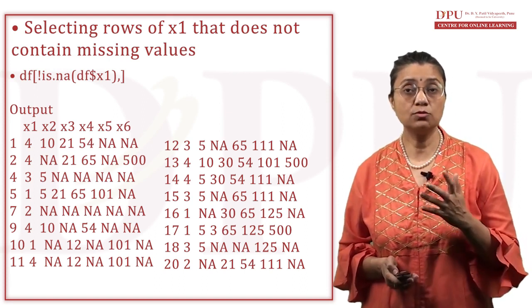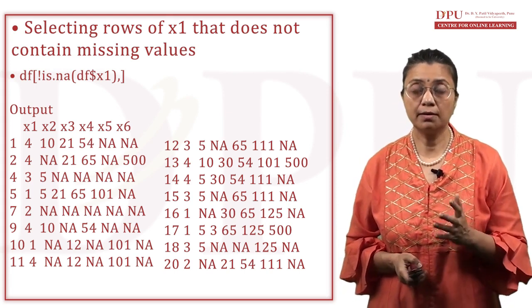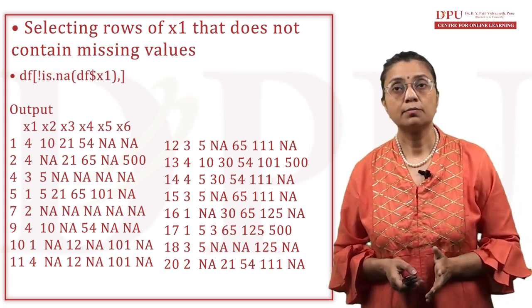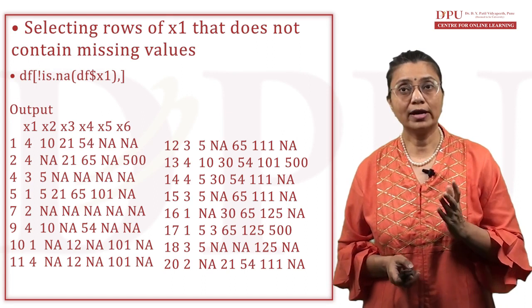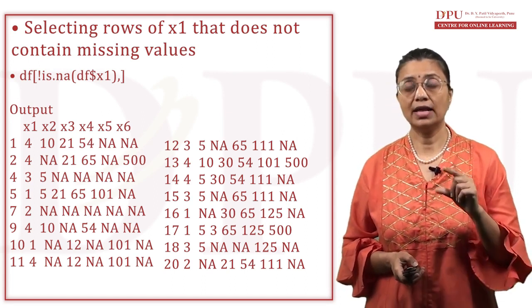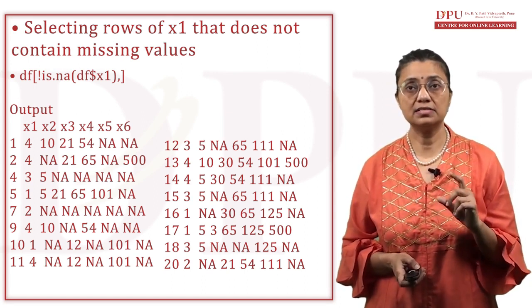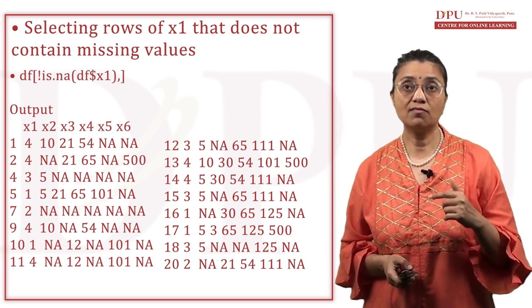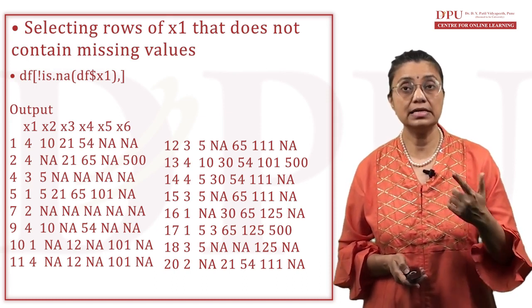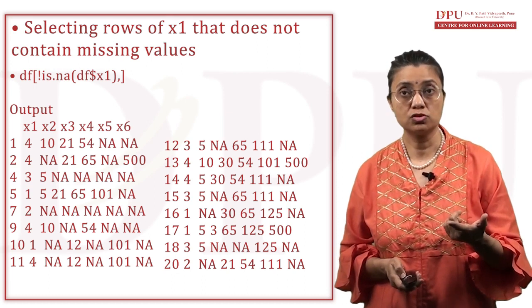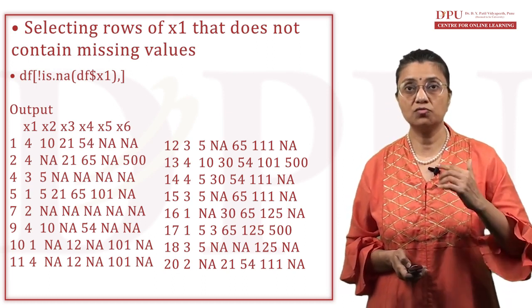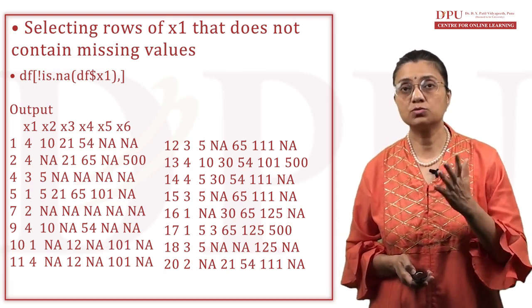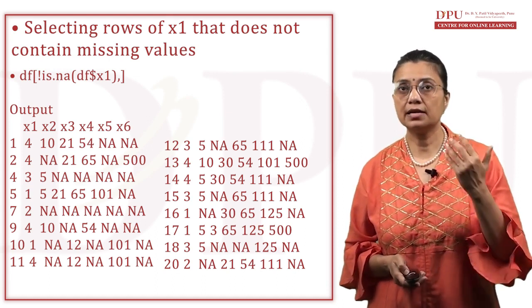If we see, we will come to know that in those particular rows, the value of x1 is NA. That is the reason, when we applied the filter, is.na is true for them, so they were not printed. So here we have done it for the x1 attribute where is.na is false.